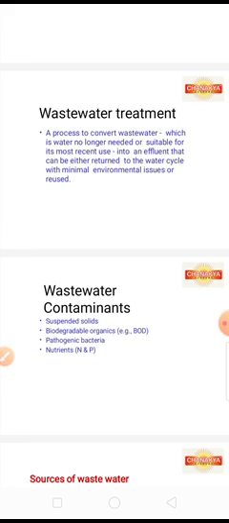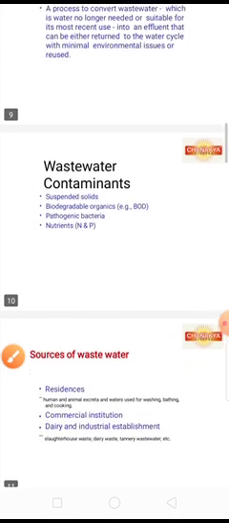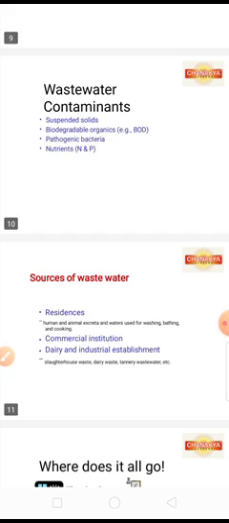Now, what are the main components of wastewater, or you can say what contaminates the wastewater? They are the suspended solids, the biodegradable organics, the pathogenic bacteria, and the nutrients, that is nitrogen and phosphorus, which are used by agriculture. Now, from where do we get the wastewater?